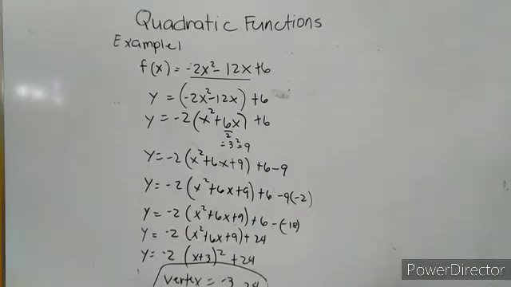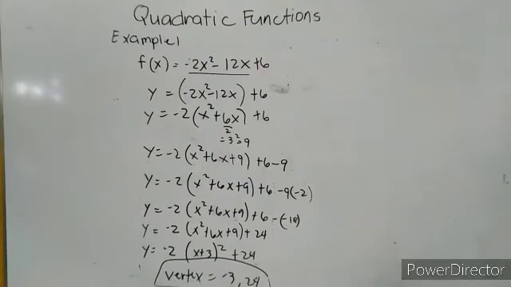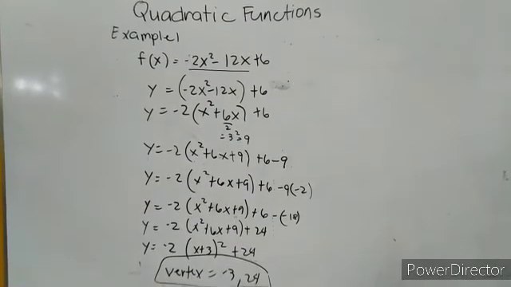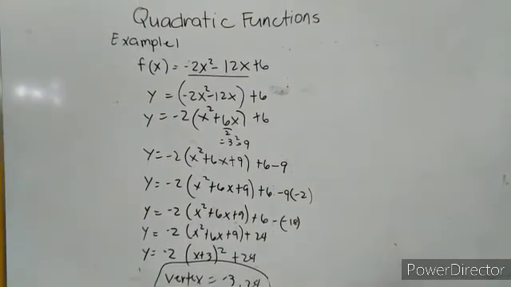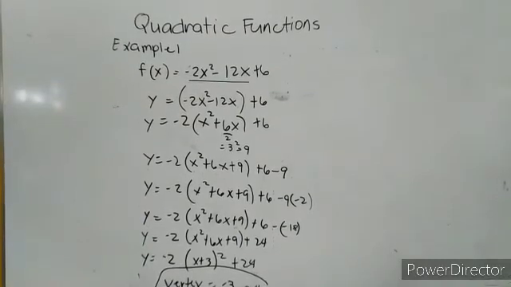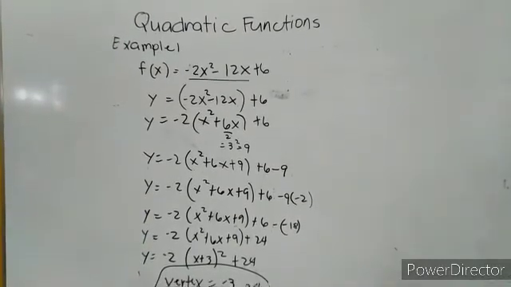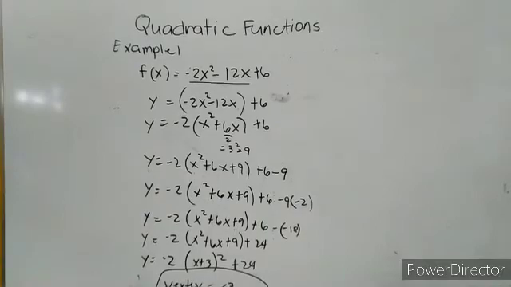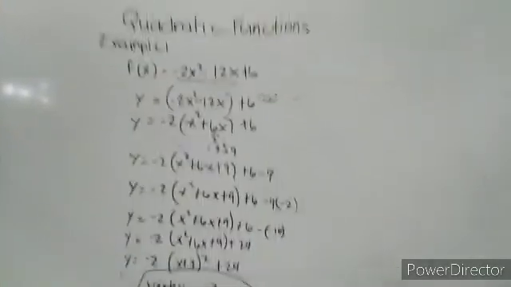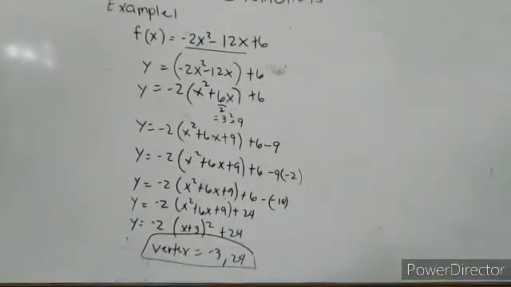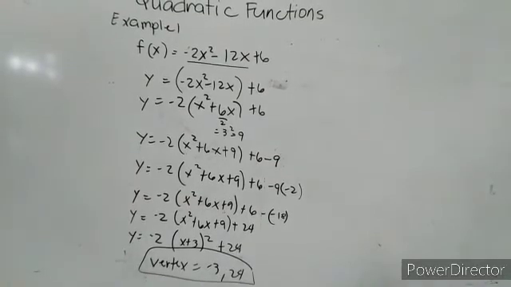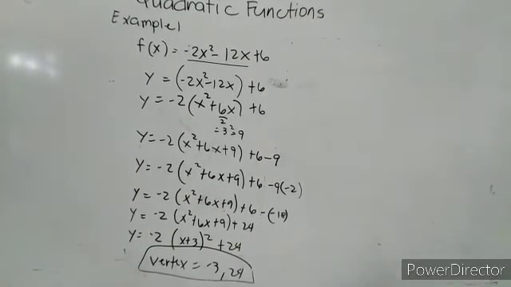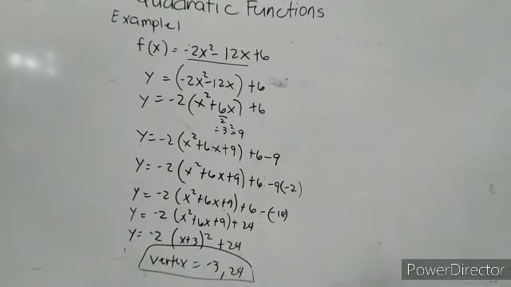So, I have here an example. We have f of x equals negative 2x squared minus 12x plus 6. Again, f of x or y. The first step is to group: y equals negative 2x squared minus 12x plus 6. We group negative 2x squared minus 12x.